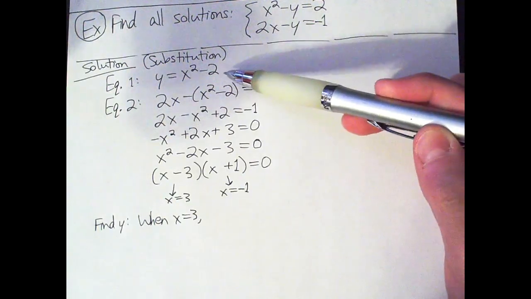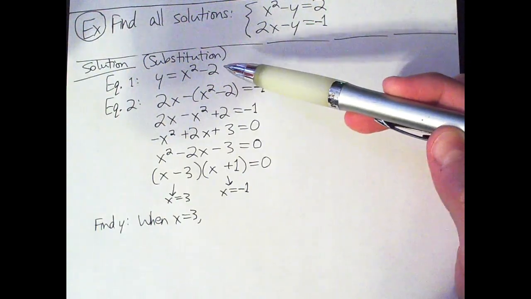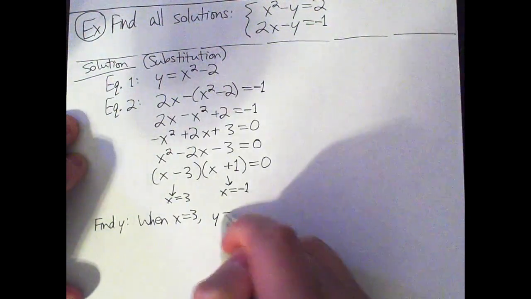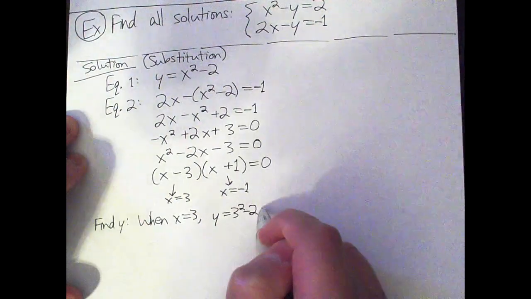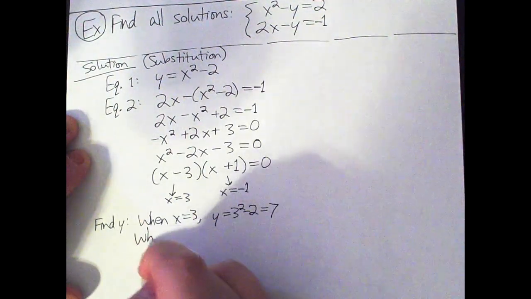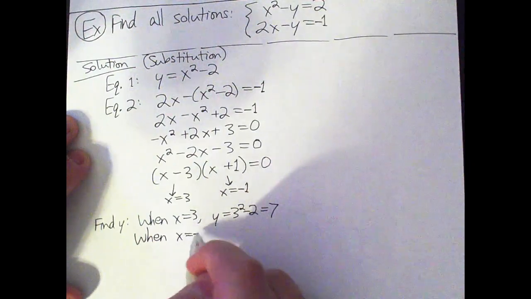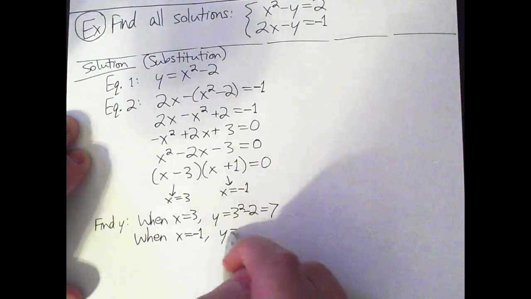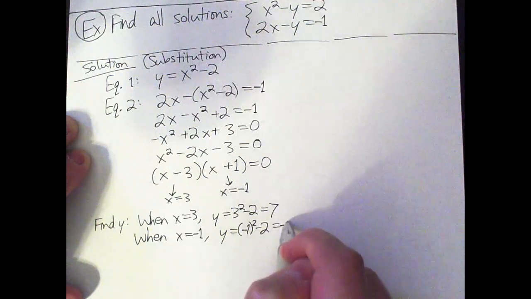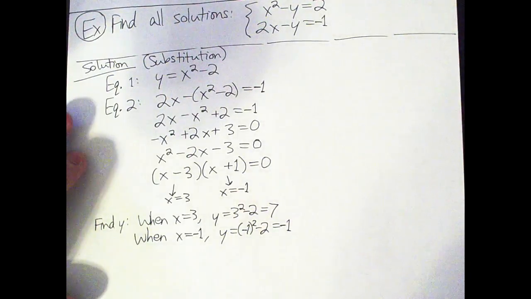We said that y is x squared minus 2. So y is 3 squared minus 2. We get 7. The other one, when x equals negative 1, y is negative 1 squared minus 2, which is negative 1.